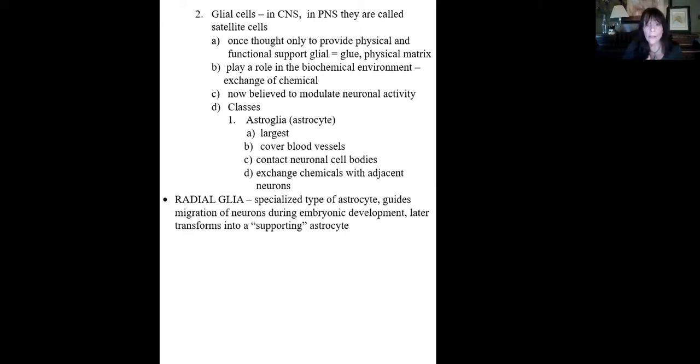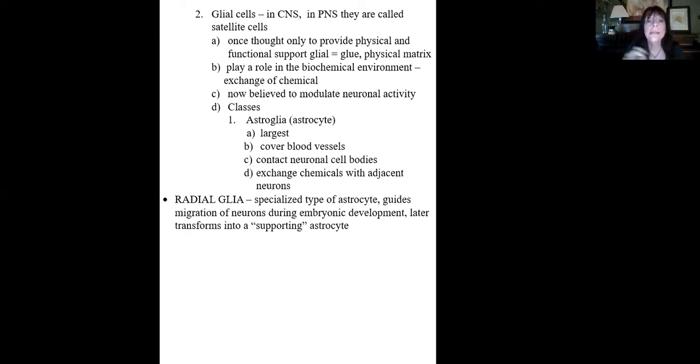If these neurons don't get to the right areas, we do not have an appropriate nervous system, if one at all. So we want these radial glia and neurons to get to the right place. So radial glia, very important, little guides. I almost think of them in some ways as being like a lattice for flowers or plants to grow up and get to a certain place.